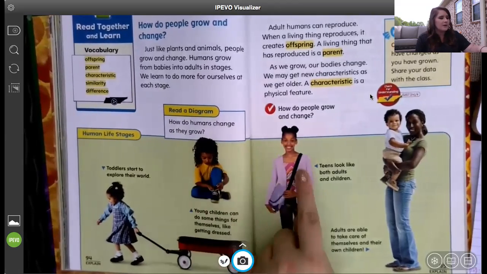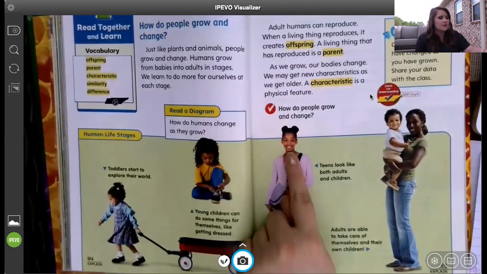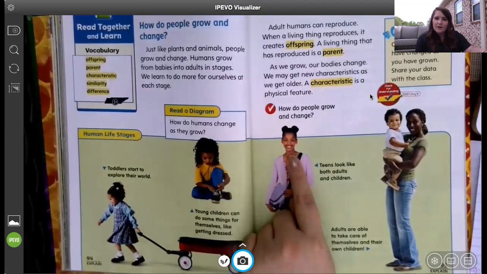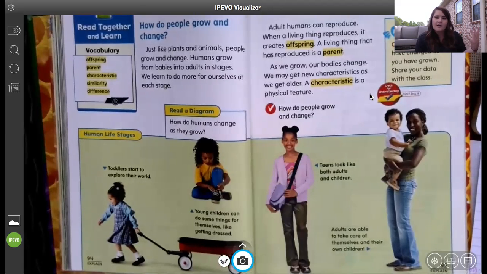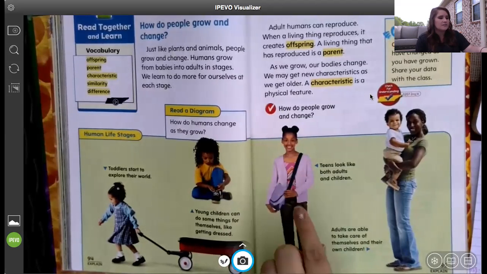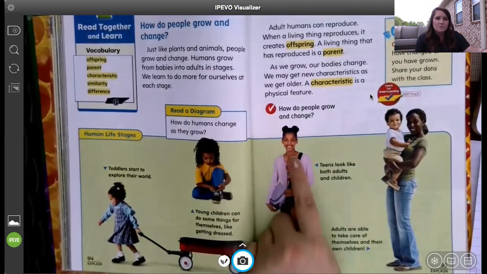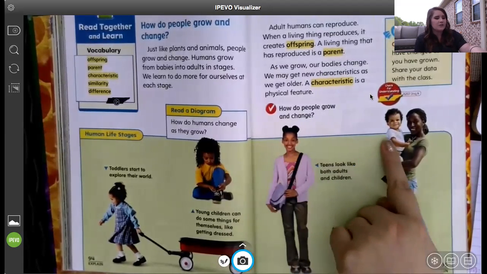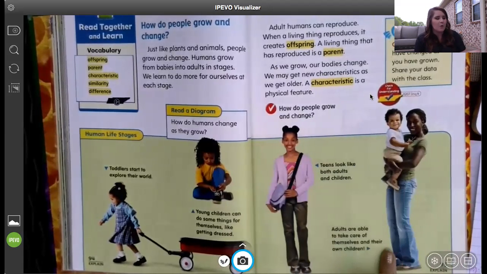Then she gets a little bit older. She still looks the same, but her characteristics have changed. She's gotten older. So she's a teenager right here. So she still kind of looks like she did when she's a kid, and she's starting to look a little bit older too. And then finally, she grows and changes even more.